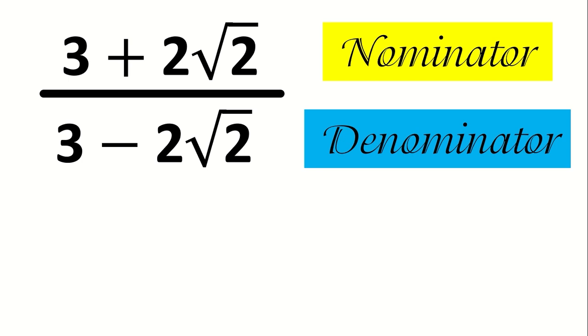To rationalize the denominator, we should use some theorem. The theorem here is based on the style of the denominator. Here we have the subtraction of two numbers, one of which is an irrational number.